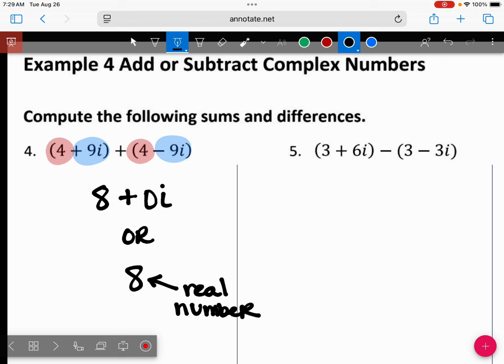All right, try to do number 5 by yourself. Go ahead and do your sign change. And then combine your like terms.